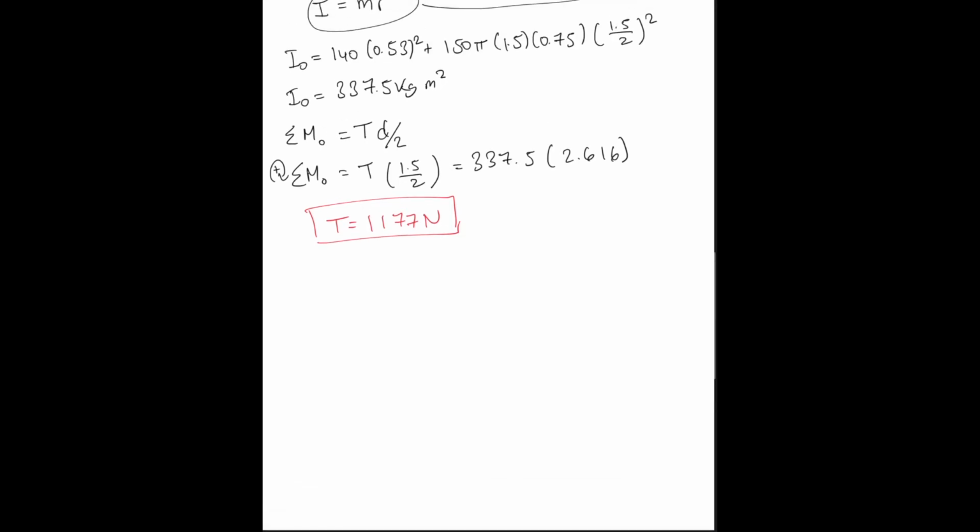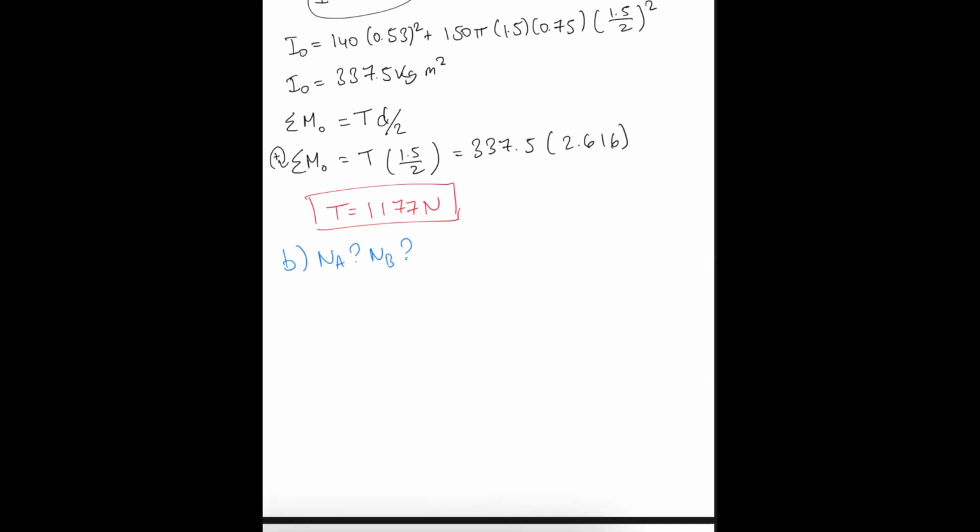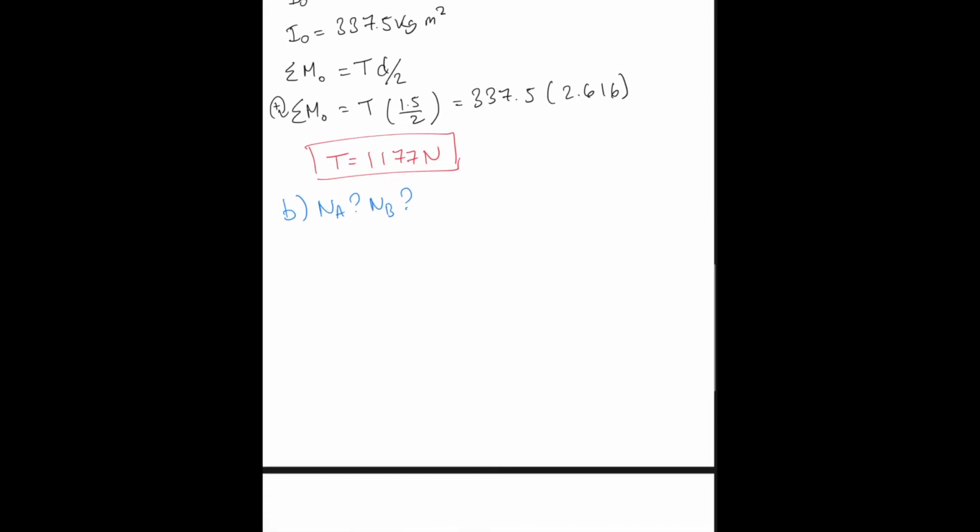Okay, now for part B, it's asking for the normal force A and normal force B that's acting on the wheels of the truck. Now, as usual, we're going to draw our free body diagram of the truck.